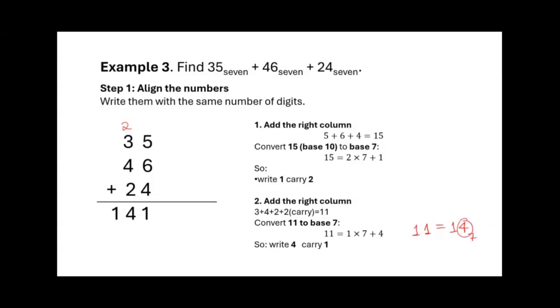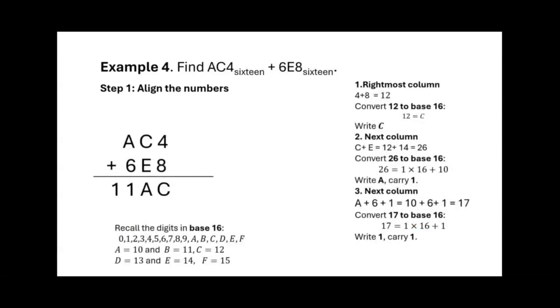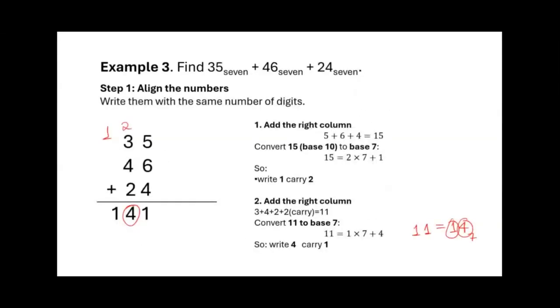So we write down the 4 this time, and then we carry the 1 onto the next place value. Since there are no more numbers, it's like having zeros, so the final carry gives you a simple 1. So the final answer is 141. Adding these 3 numbers in base 7 yields 141 in base 7.